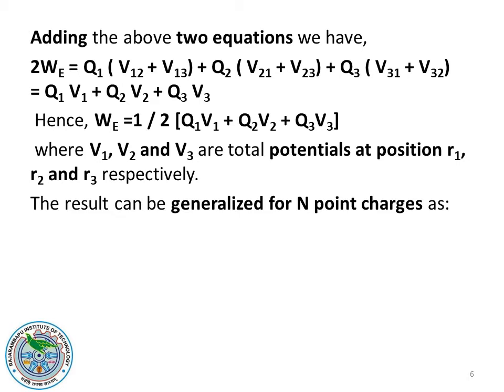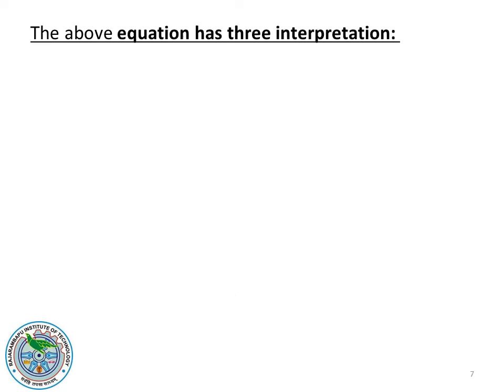Hence, total work done is equal to 1 half of (Q1 V1 plus Q2 V2 plus Q3 V3), where V1, V2, V3 are the potentials at positions R1, R2 and R3 respectively. The result can be generalized for n point charges as W equal to 1 half of summation k equals 1 to n of Qk Vk.